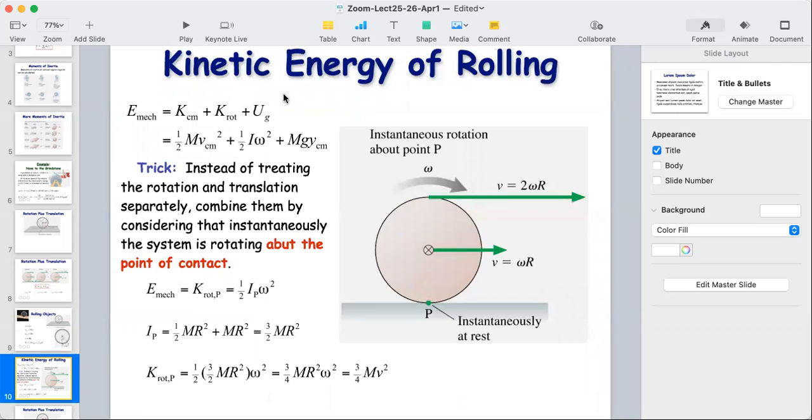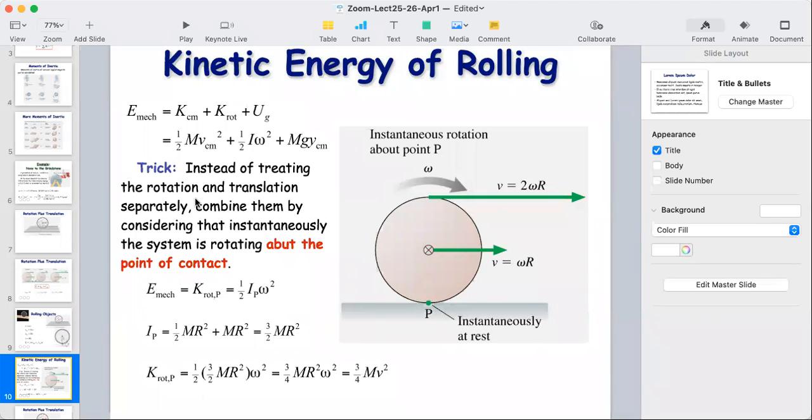So when I speak about the total mechanical energy, I have the kinetic energy of the center of mass, plus the kinetic energy of the rotational movement, plus our potential energy. So the mechanical energy is 1/2 m v of the center of mass squared, which we know is also omega r, plus 1/2 I omega squared, plus m g y of the center of mass.